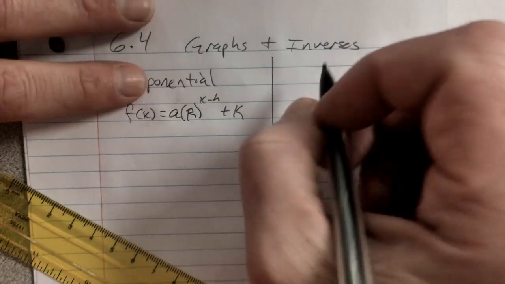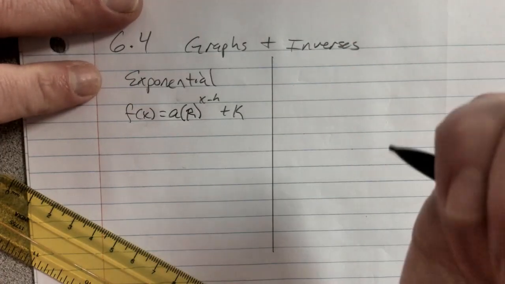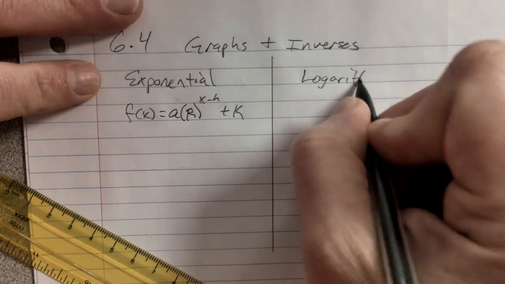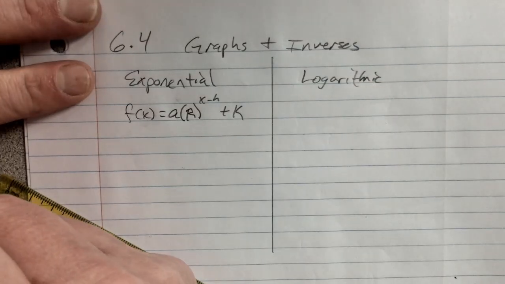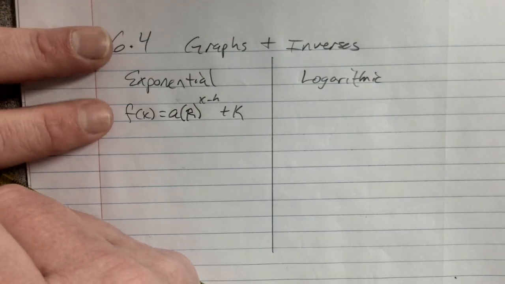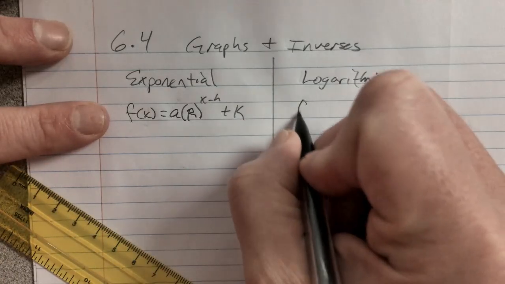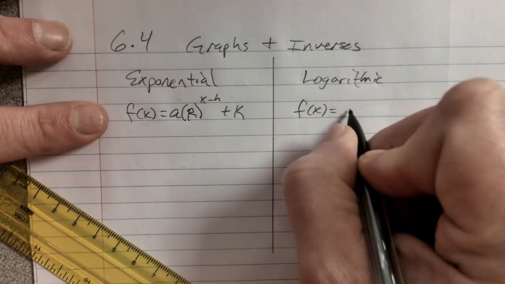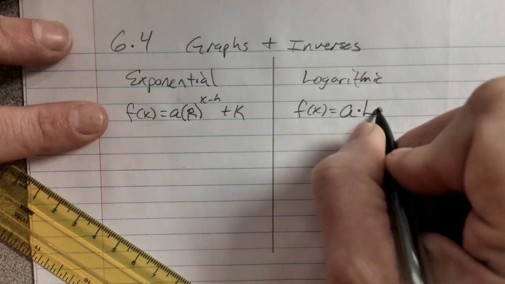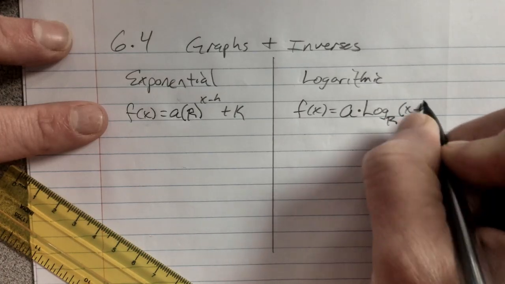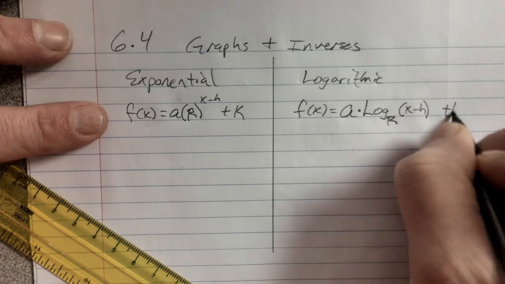That's exactly right. When we hop from exponential to logarithmic, we would look at f of x equals a times log base r of x minus h, and all of that plus k.